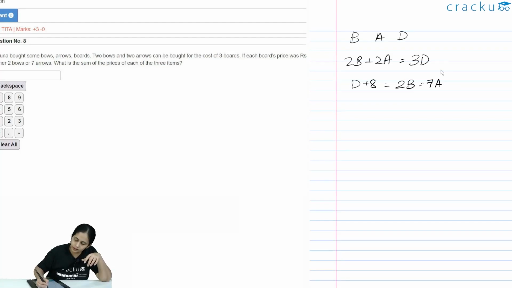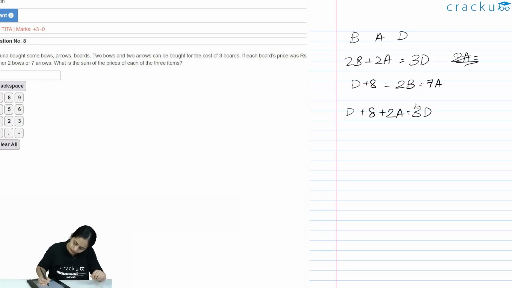So basically, D plus 8 plus 2 arrows is equal to 3D. So 2A is equal to 2D minus 8, and A is equal to D minus 4, and A is also equal to (D plus 8) by 7.